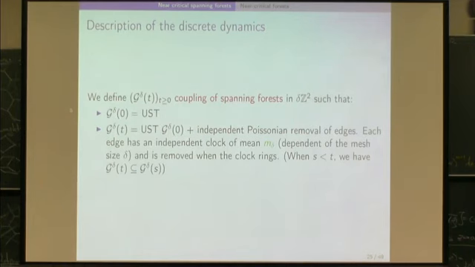We define a coupling of spanning forests such that at time t equals 0, you start with a uniform spanning tree. And when the time increases, you erase edges in an independent Poissonian way. It means that each edge will carry a clock of a certain mean that I call m delta, which depends on the mesh size delta, and will be removed when the clock rings.